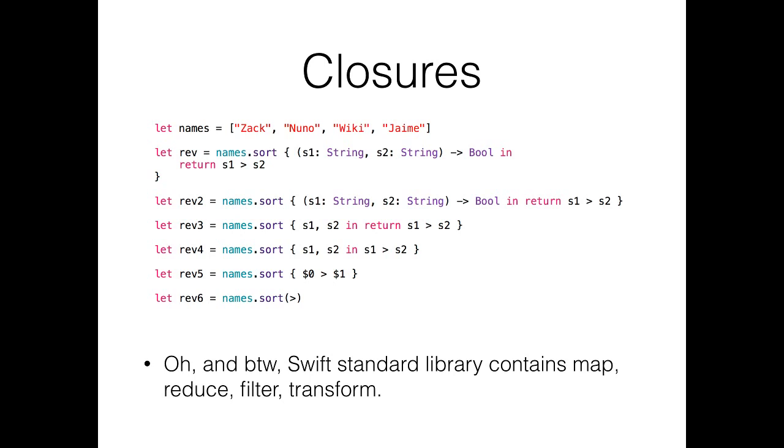They might be simple, like in a one-liner, but they are not that simple. Normally I use the wildcards to do something. If you want to do a map and turn all of these names into uppercase, you will do just $0.uppercased string, and the result would be an array with all strings in uppercase.